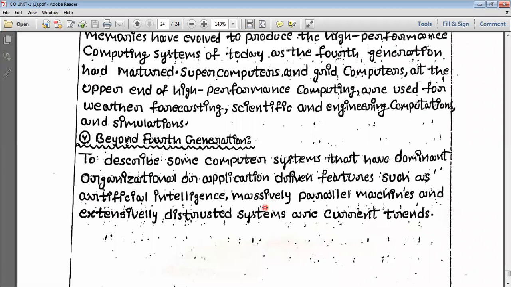If we manufacture tens of thousands of transistors on a single chip, that is taken as a microprocessor. In this way, generation by generation, the size of the computer is reduced and the speed is increased. So this is about the historical development of a computer.